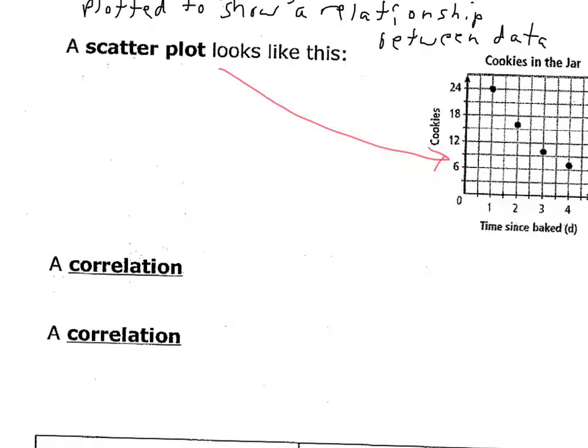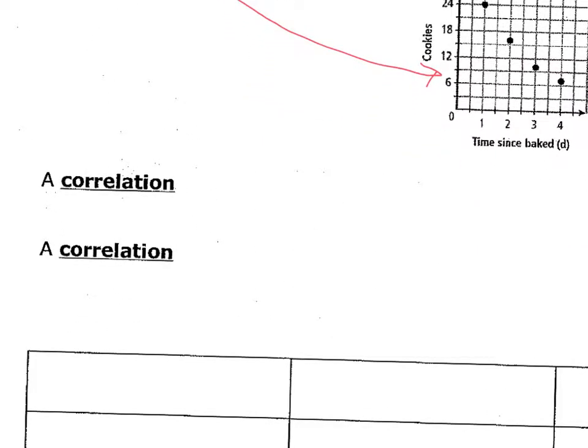A couple terms you need to know. First is correlation, and there's two things about correlation you need to know. So go ahead and get ready to write a little bit. A correlation describes a relationship between two data sets.